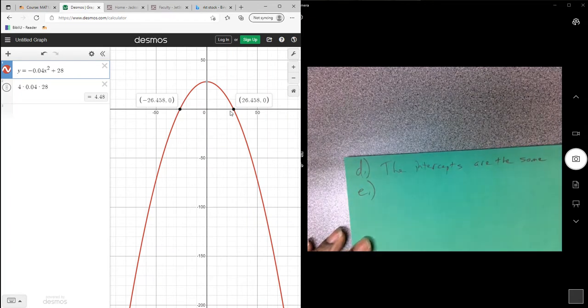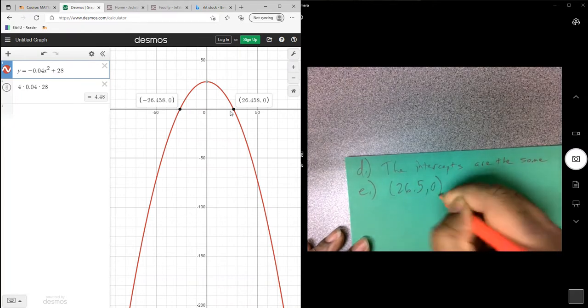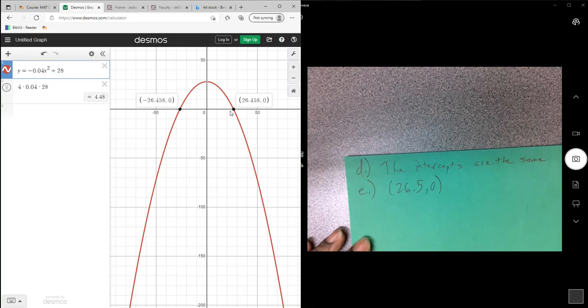Okay, E. If the arch straddles the river exactly, how wide is the river? They're talking about the arch straddling the river. And notice that our x-intercept values are 26.50 and negative 26.50.